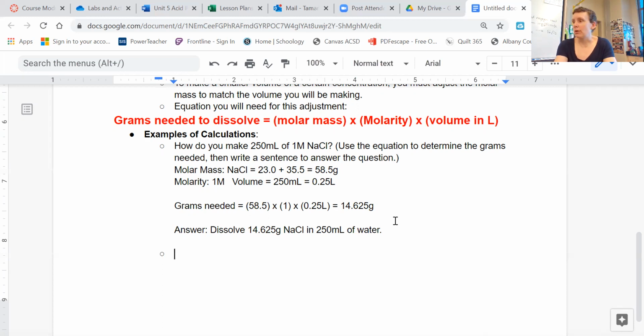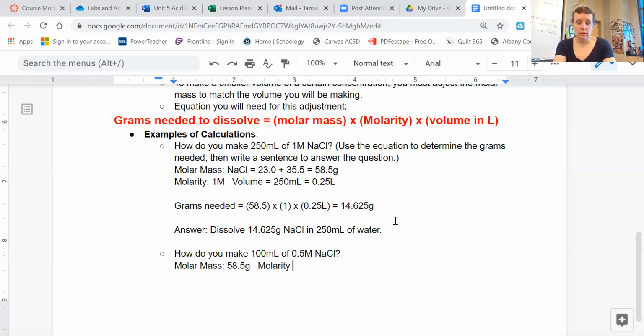So here's another example. How do you make 100 milliliters of 0.5 molar NaCl? So we're going to stick with NaCl. Okay. All right. So again, molar mass, it's the same as what we had above because it's the same substance. So 58.5, okay?